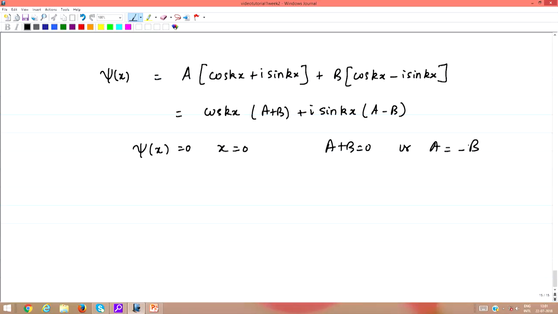Okay. When you substitute this into your equation psi of x, when A is minus B, you are getting psi of x is equal to minus 2 I b sin k x, because this term will go to 0 when A is equal to minus b.